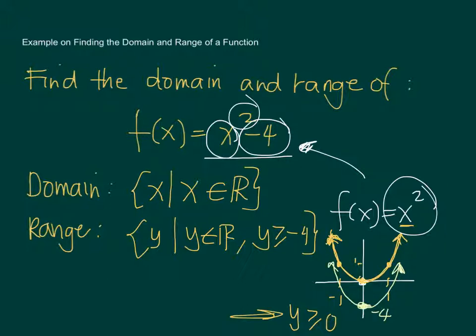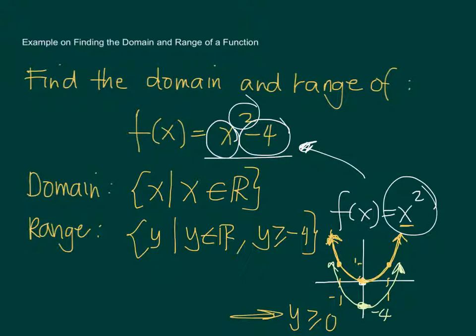So this is a specific approach on how to find the range of a function. For the domain, we did not encounter much problem because all we have to do is analyze the function. Can I place any number on x so that I can get a value for the function? The answer was yes, so the domain of the function is all real numbers.